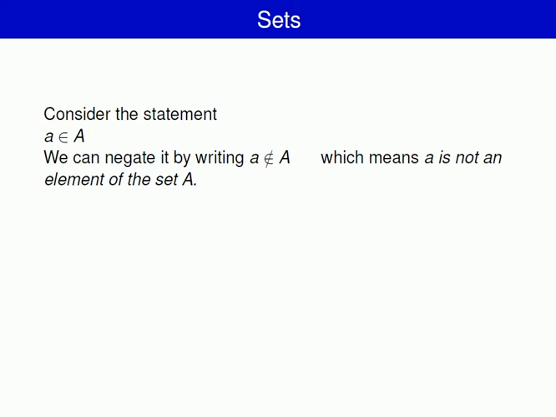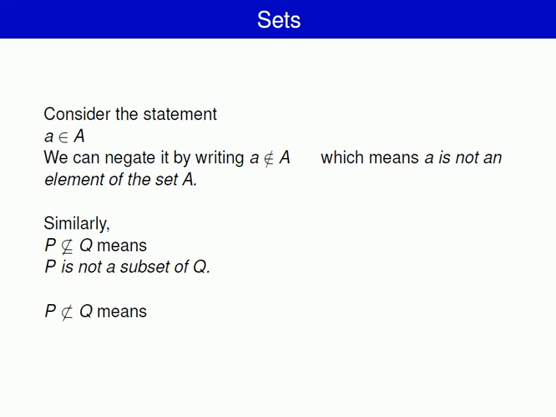We just simply write a line crossing the symbol for belongs to, to say A is not an element of A. Similarly, I can say P is not a subset of Q. And I can also use the same thing: P is not a proper subset of Q. So all these statements we can negate by drawing a line to cross the symbol to say it is not.